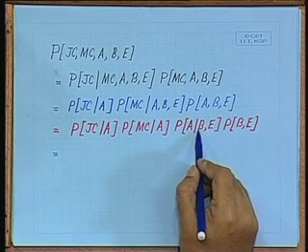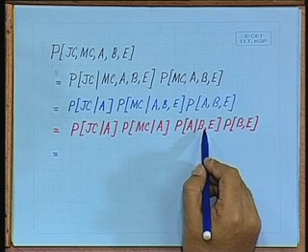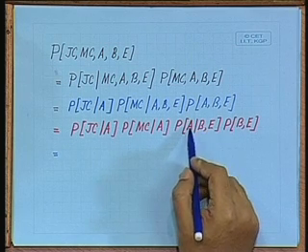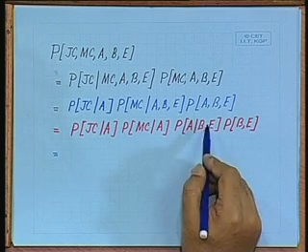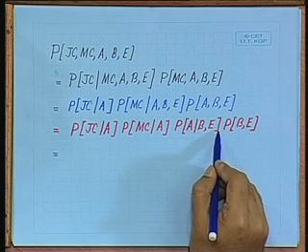Now, here none of them can subsume the other, even if we know that there is no burglary, the alarm can go off because of the earthquake and vice versa. So, this does not reduce any further, right.